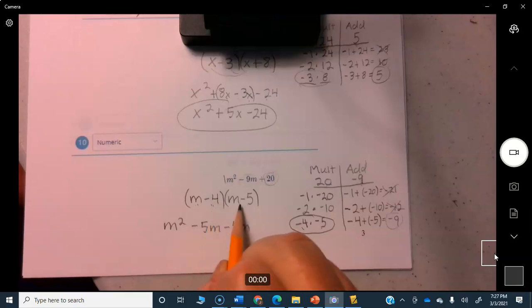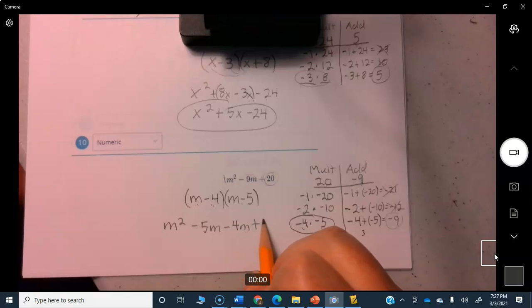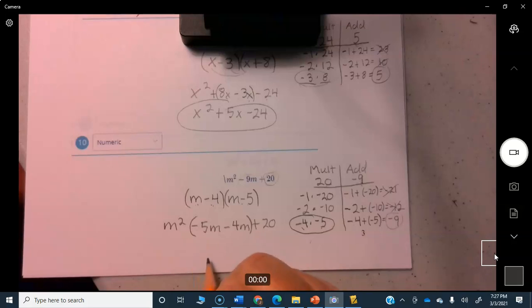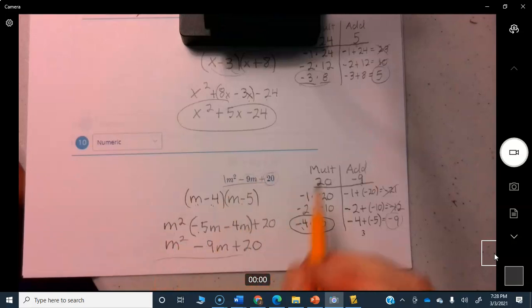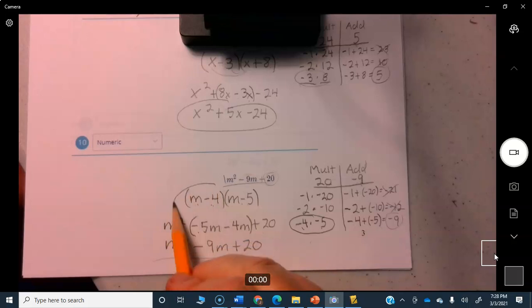And last is -4 times -5 is plus 20. These two combine. So -5m plus -4m is -9m. And then you have the plus 20 down there at the end, and the m squared at the beginning. And this is the same as the original equation there. So this is the answer to the problem.